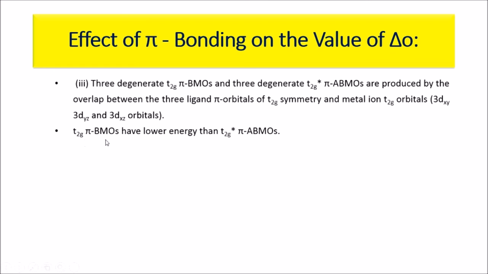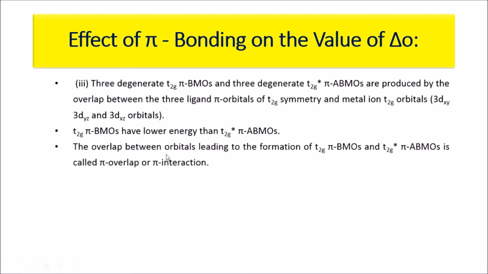Now these T2G pi BMOs have lower energy. Always we know that the BMOs have lower energy compared to ABMOs. The overlap between orbitals leading to the formation of T2G pi BMOs and T2G star pi ABMOs is called pi overlap or pi interaction. Now this pi interaction is of two kinds, as already we have studied in our previous lectures.